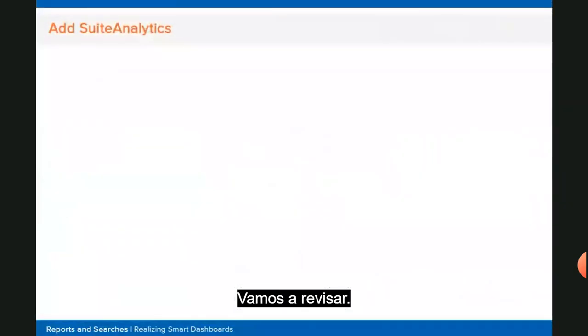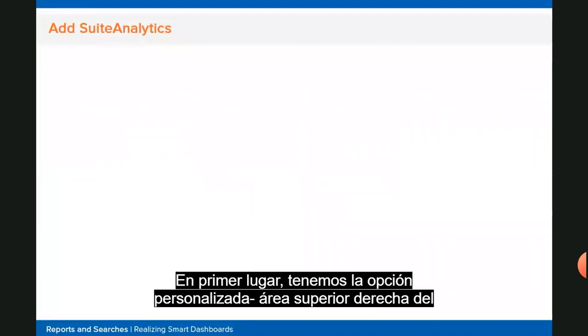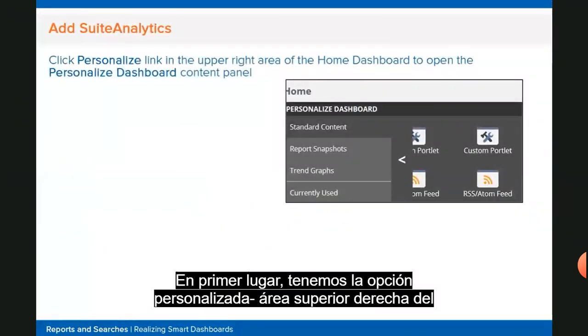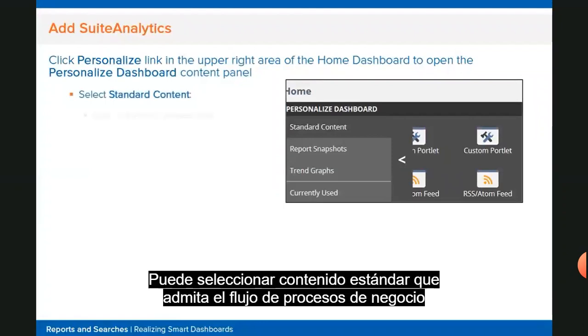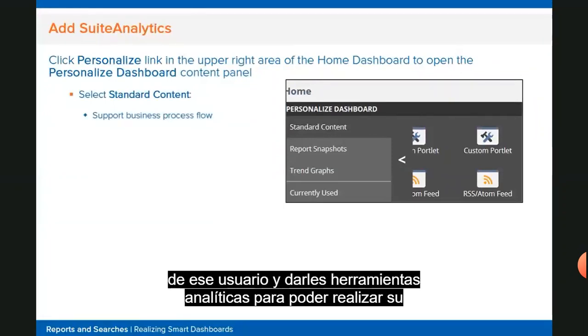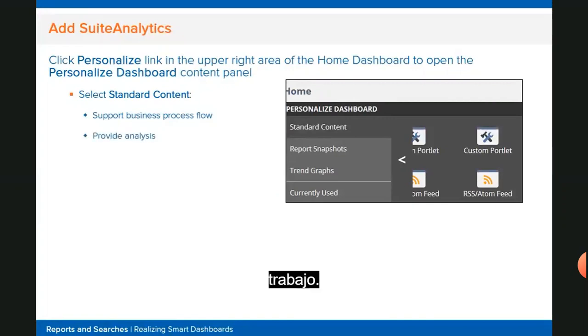Let's review. First, we have the personalize option, upper right area of the home dashboard, and many other dashboards as well. You can select standard content that will support that user's business process flow and give them analytic tools to be able to do their job.